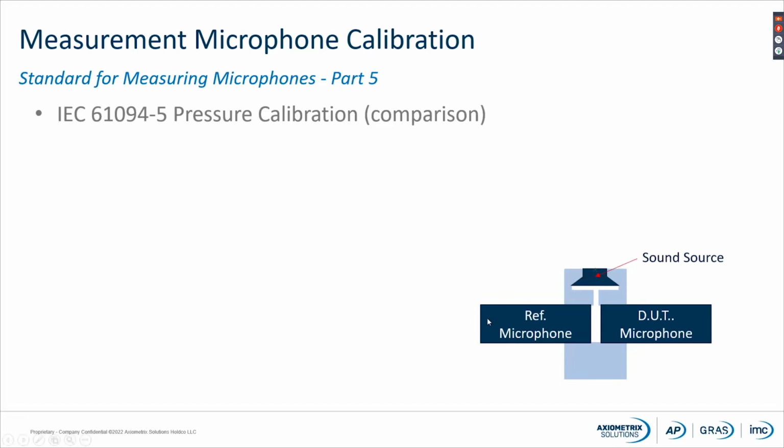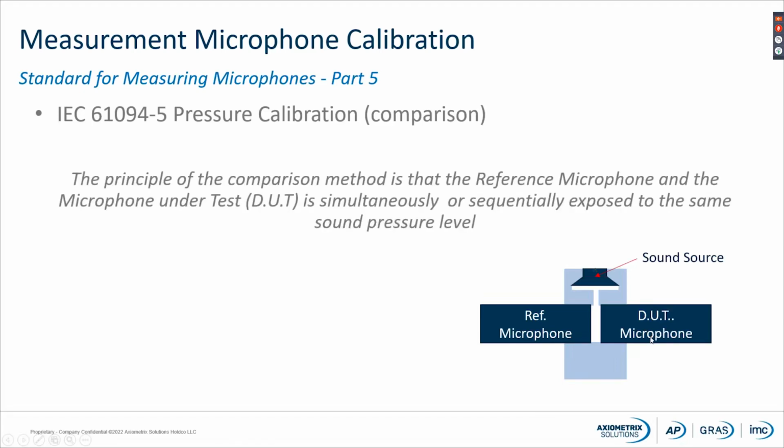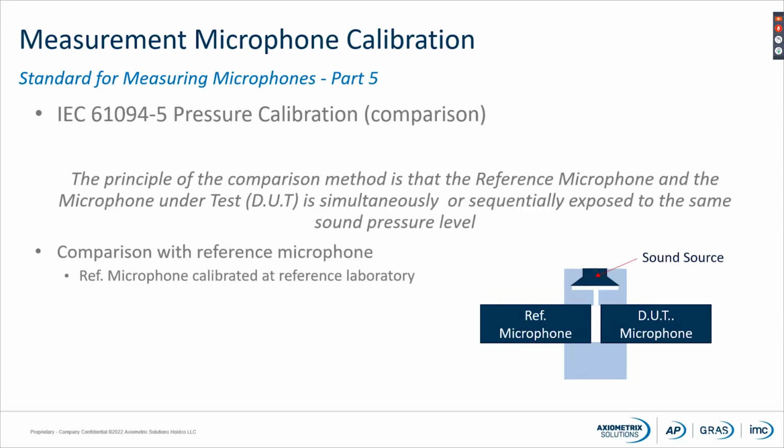And if we have a reference microphone where we know the sensitivity, then we will compare it to what we see from the microphone under test. The principle of a comparison method is that the reference microphone and the microphone under test are simultaneously or sequentially exposed to the same sound pressure level, as we saw on the little drawing.